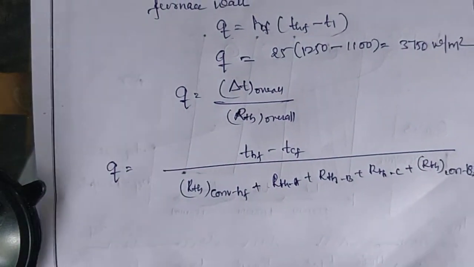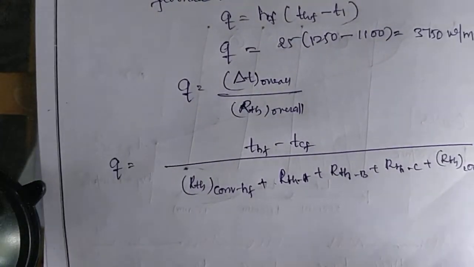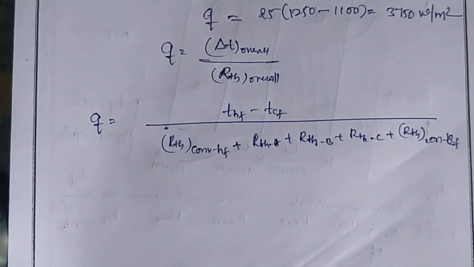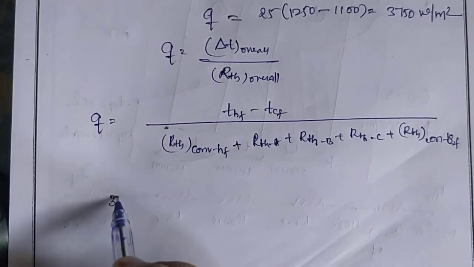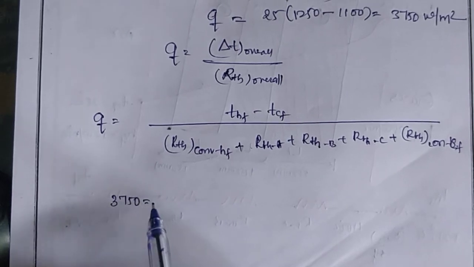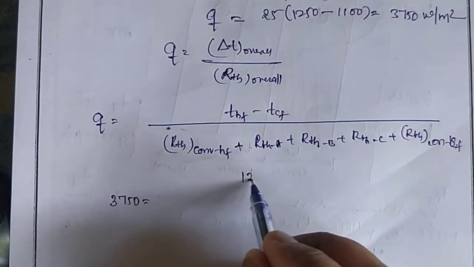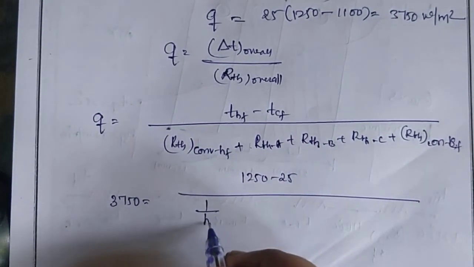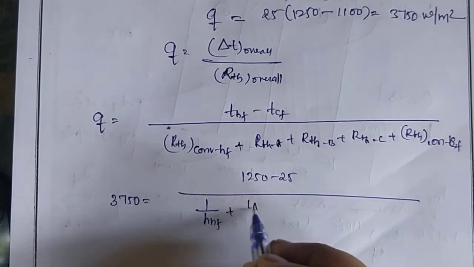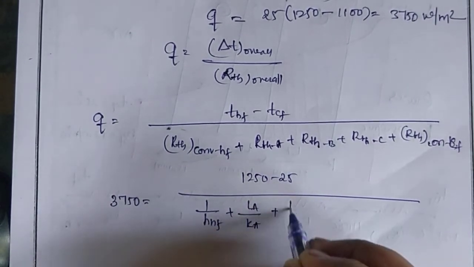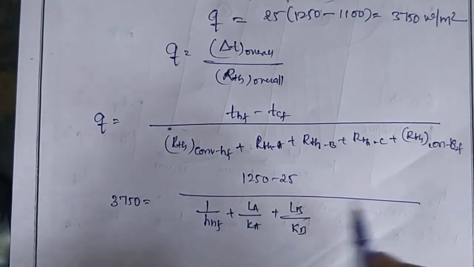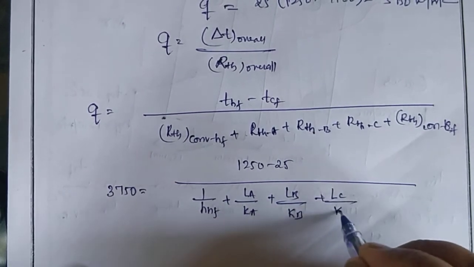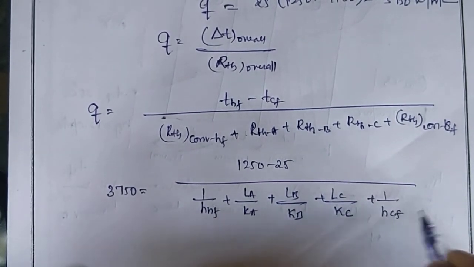That we can write. After that, substitute all the values. 3750 is equal to (1250 minus 25) whole divided by (1 by HHF plus LA by KA plus LB by KB plus LC by KC plus 1 by HCF).